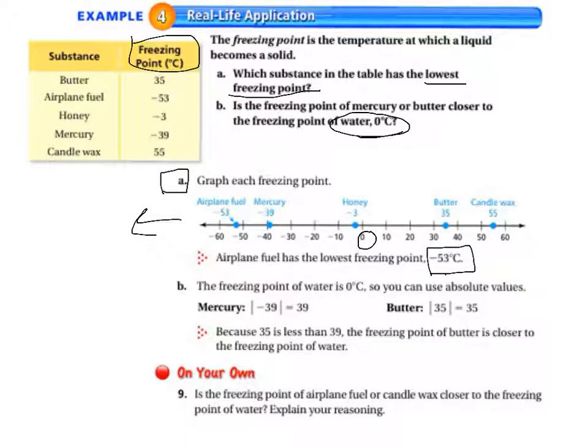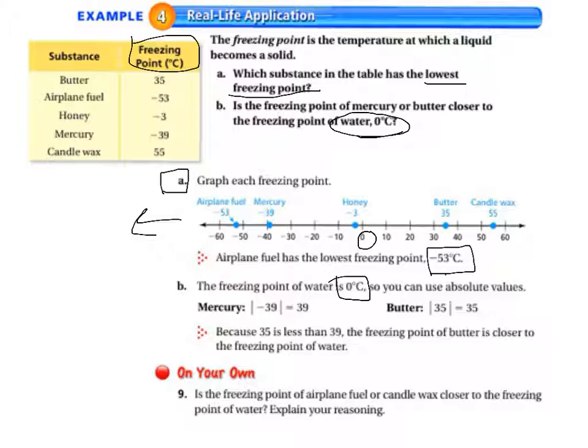The freezing point of water is 0 degrees Celsius, so we need to use absolute values to find out the answer to letter B, which is closer to the freezing point of water. So we're looking at which one is closer to 0, not worrying about which one is negative or which one is positive. So we look at their absolute values.